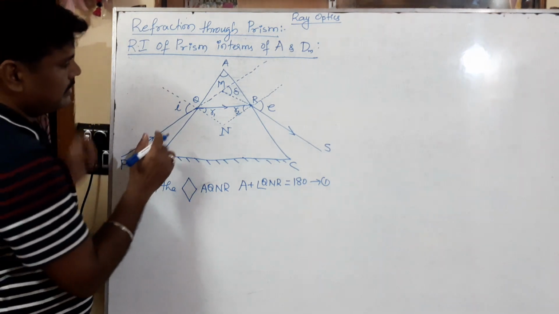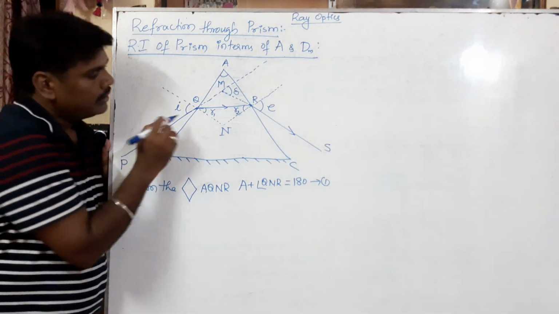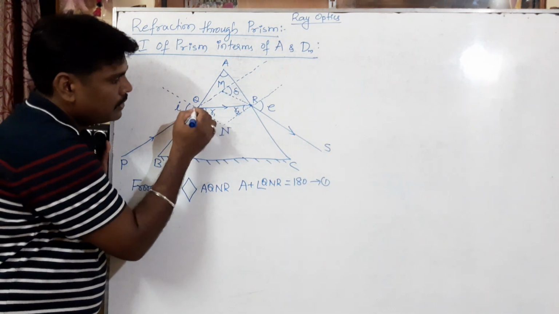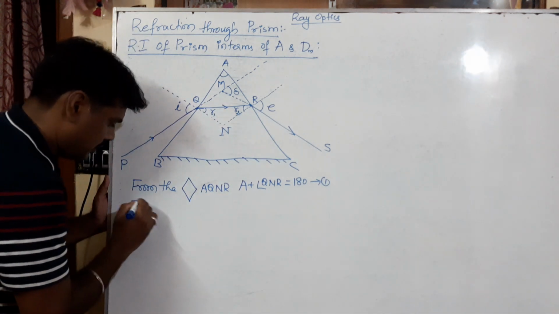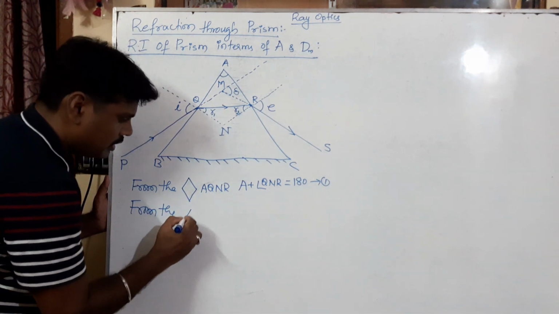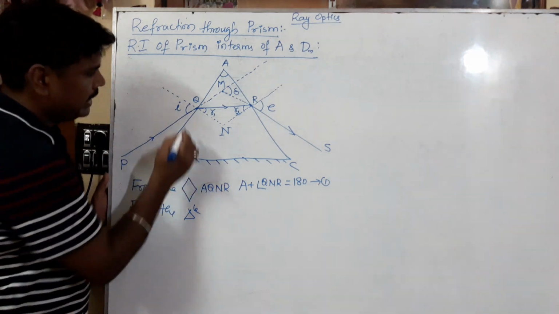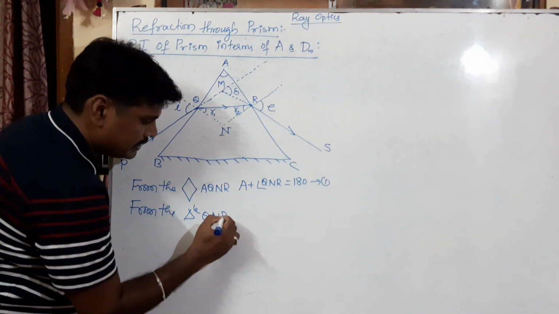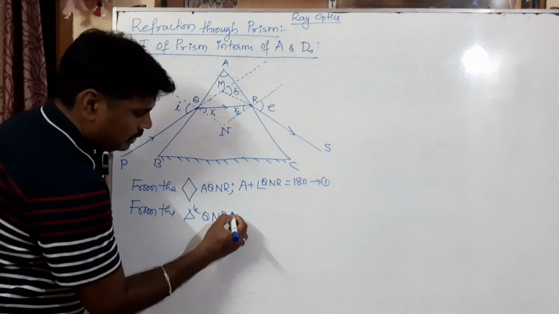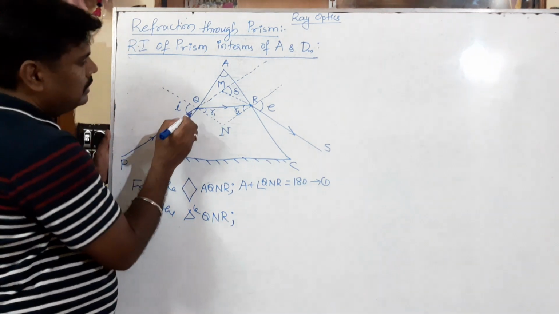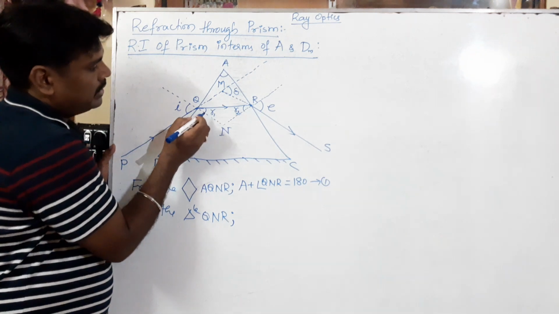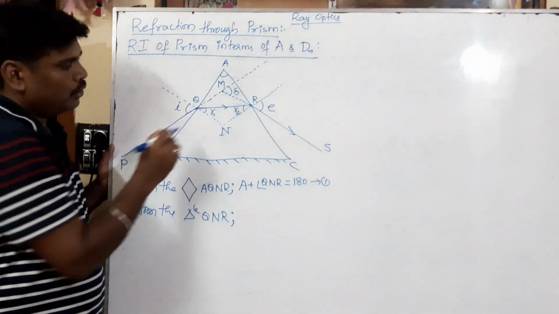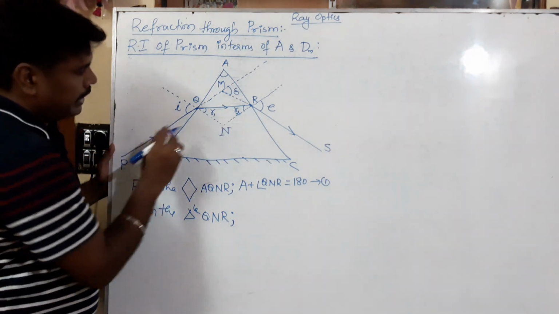Now to continue this derivation, consider the second part. In the second part, we consider the triangle QNR. In geometry, the sum of all the angles inside a triangle is equal to 180 degrees.